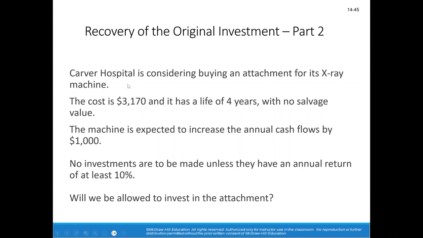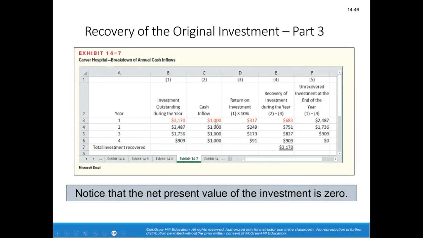All right, we're going to buy an X-ray machine for 3,170, has a life of 4 years, no salvage value. We're going to increase annual cash flows by 1,000. No investments are to be made unless they have an annual return of at least 10%. So will we allow the investment? And again, this is an Excel spreadsheet, recovery of investment during the years.